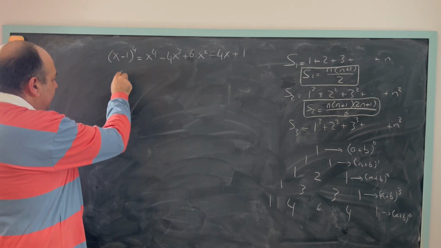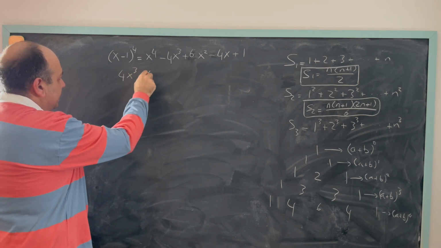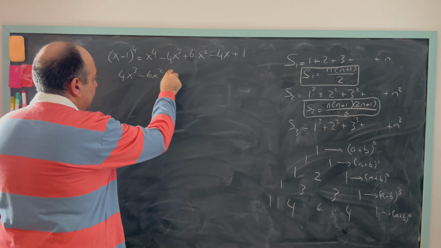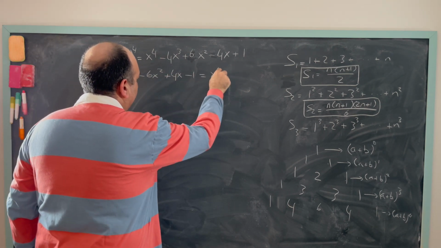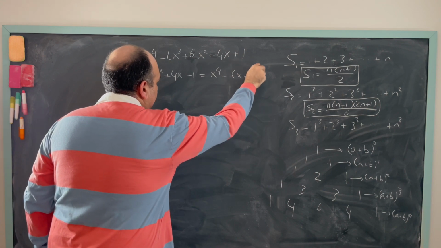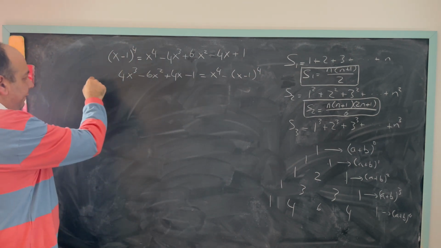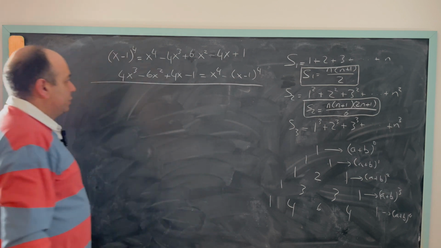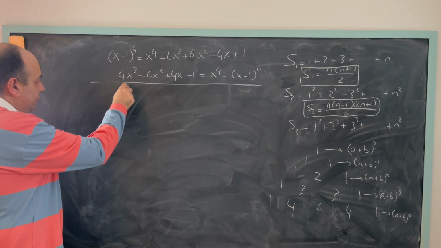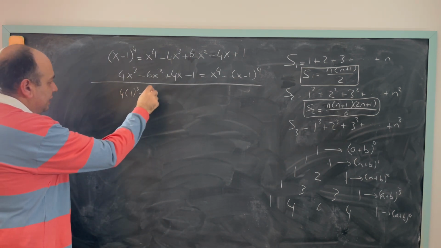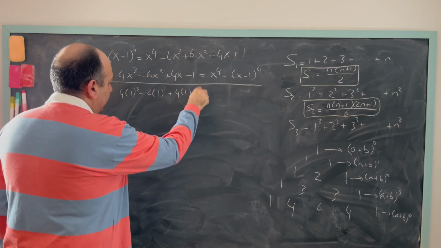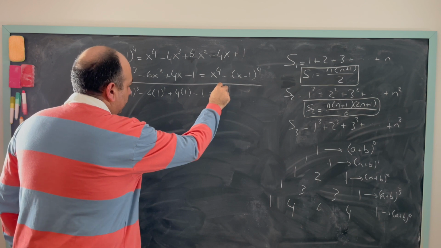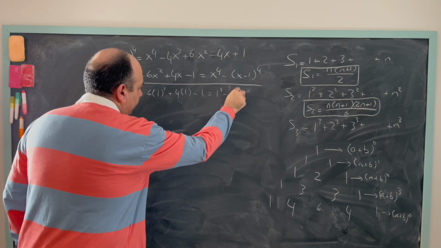Now, the idea is the same. 4x cubed minus 6x squared plus 4x minus 1 is going to be equal to x to the 4 minus x minus 1 to the 4. Okay? So let's find the relation. So 4 times 1 cubed minus 6 times 1 squared plus 4 times 1 minus 1 is equal to 1 to the 4th minus 0 to the 4th.